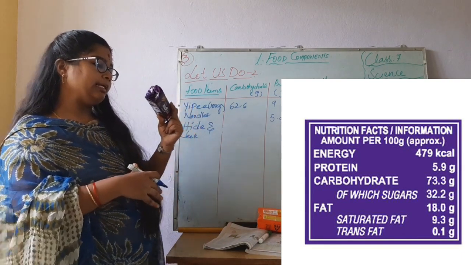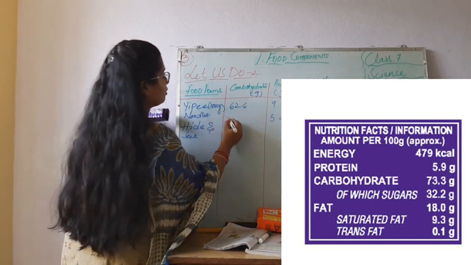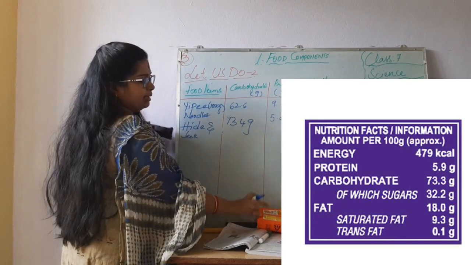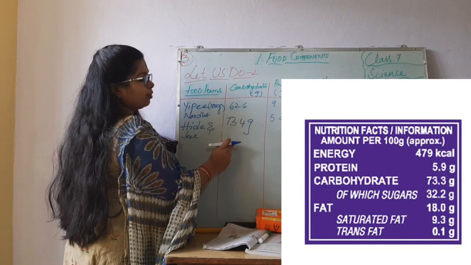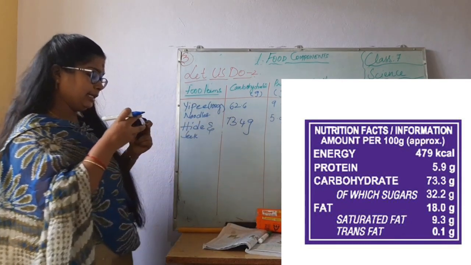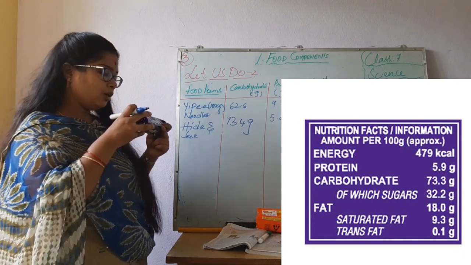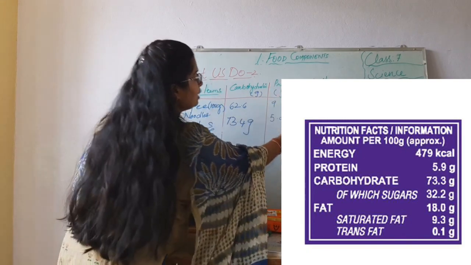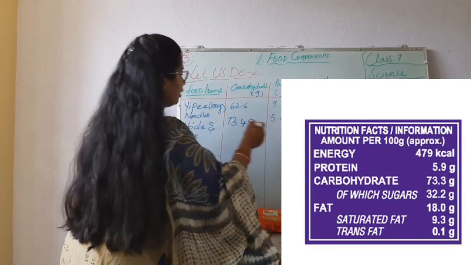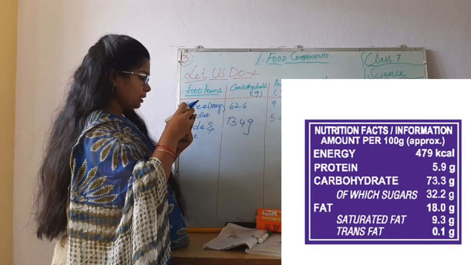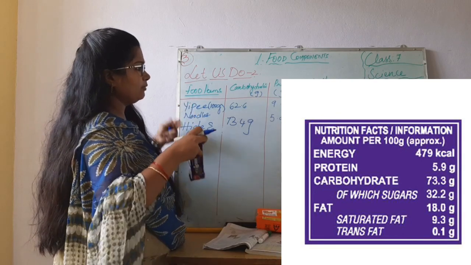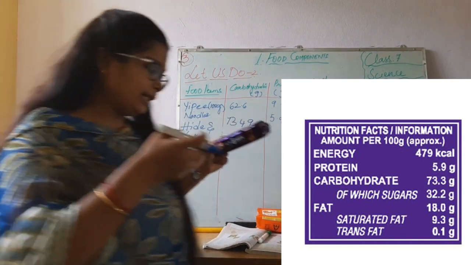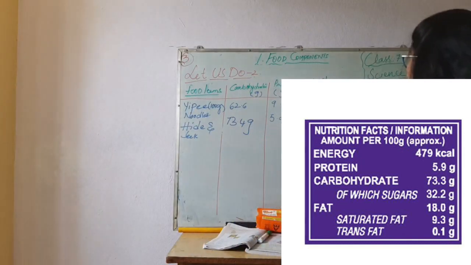How much does it contain? 73.4 grams. More than 100 grams of Yippee, you are going to get more carbohydrates in Hide and Seek. And next, fat is 9.4. And vitamins and minerals? No, they have not given vitamins and minerals. Other items are the same as before, like energy.